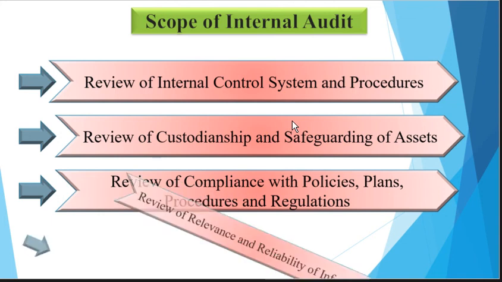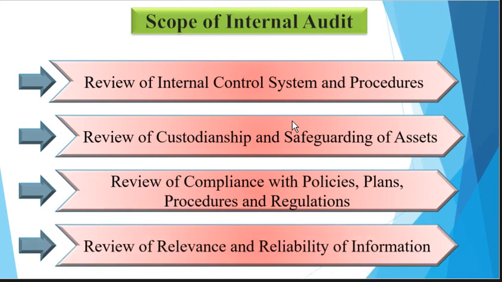Next comes review of relevance and reliability of information. The internal auditor should review the information system to evaluate the reliability and integrity of financial and operating information given to management and to external agencies such as governmental bodies, trade organizations and labor unions.